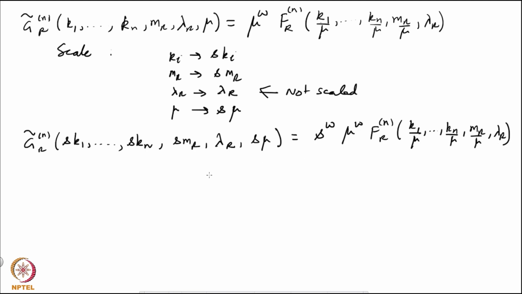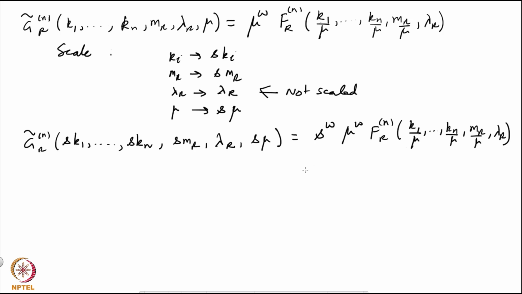Is this clear why it should be like this? See, this function F n R is made up of dimensionless objects, dimensionless ratios. So when I scale ki to S ki and mu to S mu, k1 over mu doesn't change, right? Because k1 is scaled to S k1 and mu is scaled to S mu. So the S cancels here. Similarly, S cancels in all of these. Also in MR and mu, because MR becomes S times MR and mu becomes S times mu. So that ratio doesn't change, and lambda R is anyway dimensionless, so nothing happens to that, because we are not changing that.